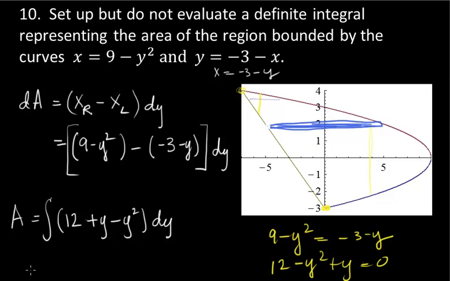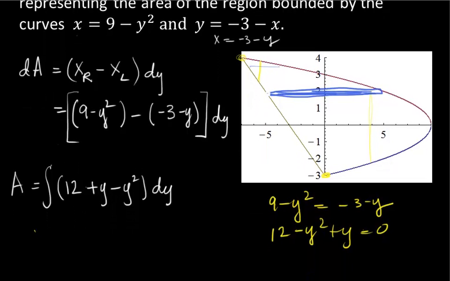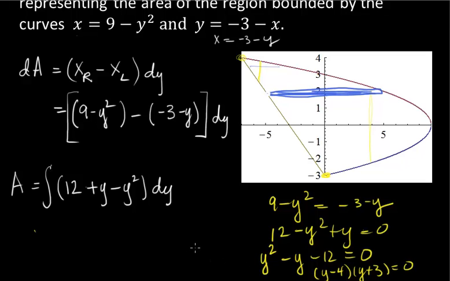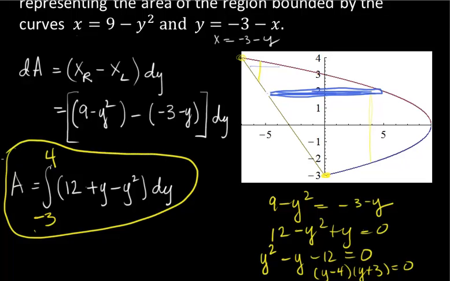I've got to go over here. Maybe I can scroll down a little bit. So if we take the quadratic, I'm going to multiply by minus 1. Y squared minus y minus 12 is equal to 0. We get y minus 4 times y plus 3 is equal to 0. And we do have y equals 4 up here and y equals minus 3 here. So that's just checking, and we have minus 3 on the bottom and 4 on the top, and this would be the integral that represents the area of that region.